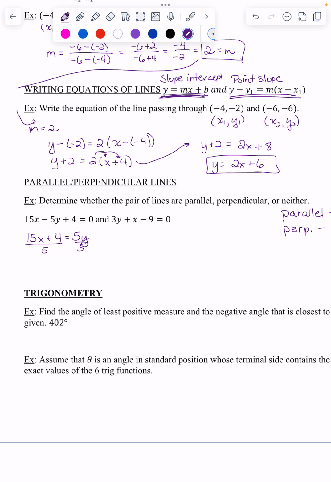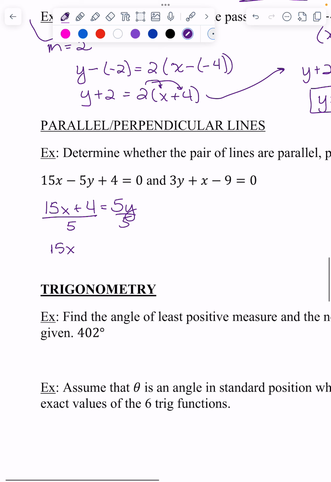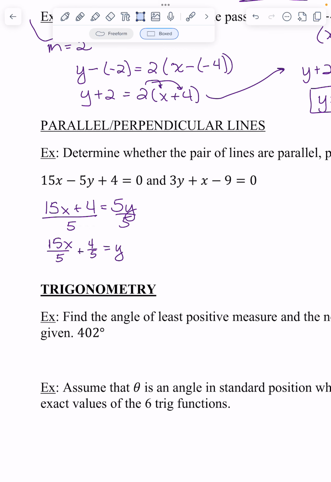So I'm going to have 15x over 5, plus 4 over 5 equals y. I get 3x plus 4/5 equals y.